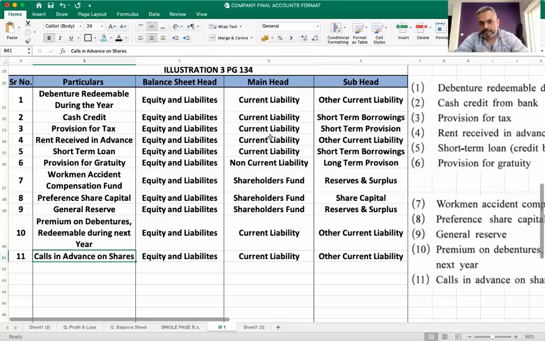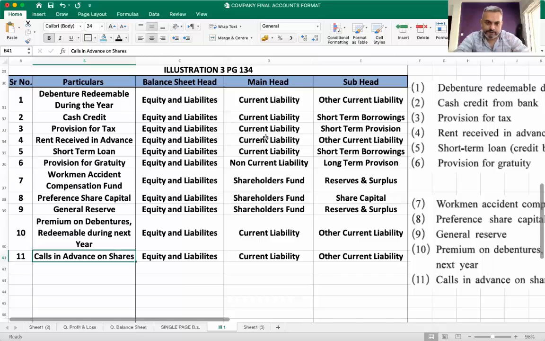So that is why there is this provision for gratuity. It is applicable to factories or organizations where the number of employees is quite high. It is defined in the act. Right now, I don't want to go into the detail of the act. For you, just remember, it is an amount which is payable to the employees.